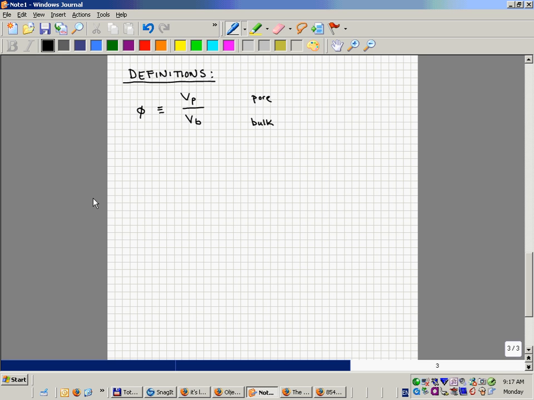There are two types of porosity that one has. The one called primary, and then you have something called secondary. The primary is the main pore volume, interconnected.